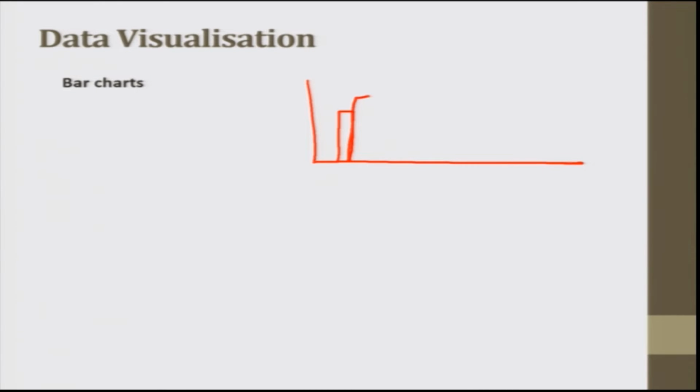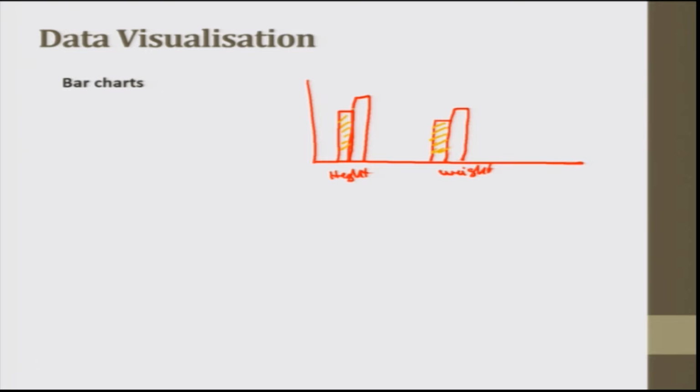Okay. If I say height and weight, I can have different colors here. This is bar 1, okay.